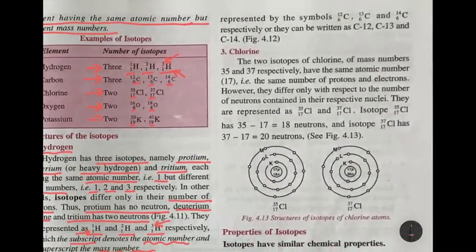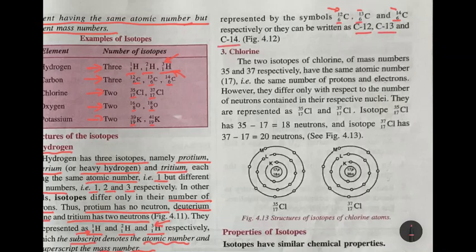As usual, the 3 isotopes are represented with the subscript 6, which denotes the atomic number, and the superscript 12, 13 and 14, which denotes the mass number. It is also written as C12, C13 and C14.